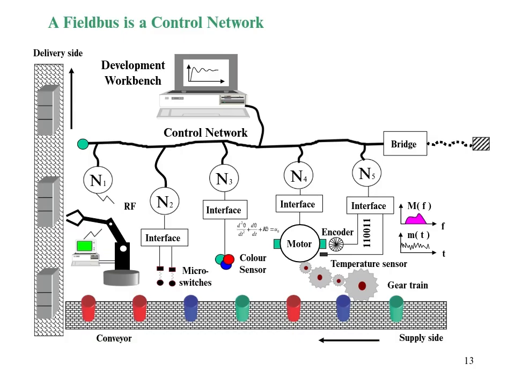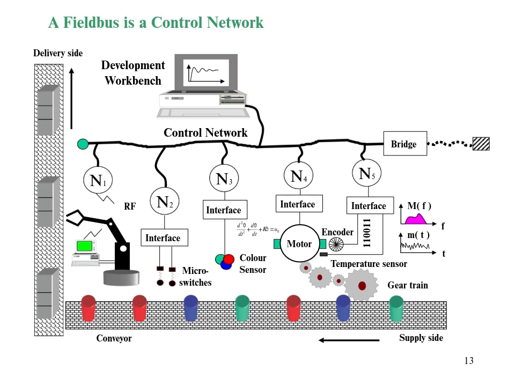Let me talk about the Fieldbus technology. A Fieldbus technology is a control networking system using which you can implement a distributed control. What is the meaning of distributed control? It's not centralized control, meaning that all the microcontrollers are connected into a network. Here in this application, this is a packaging line.